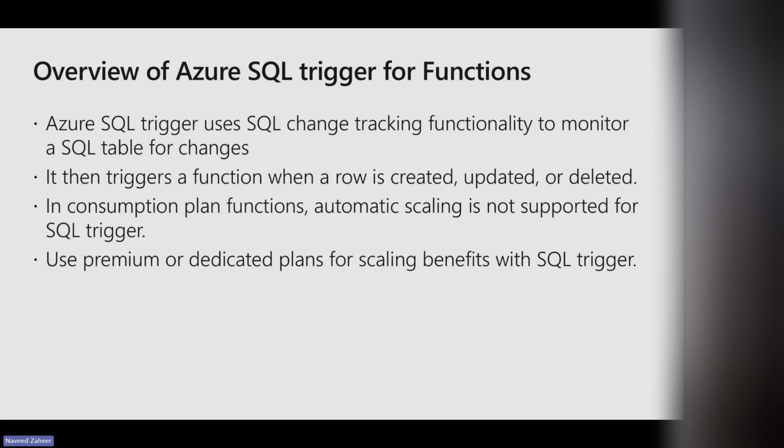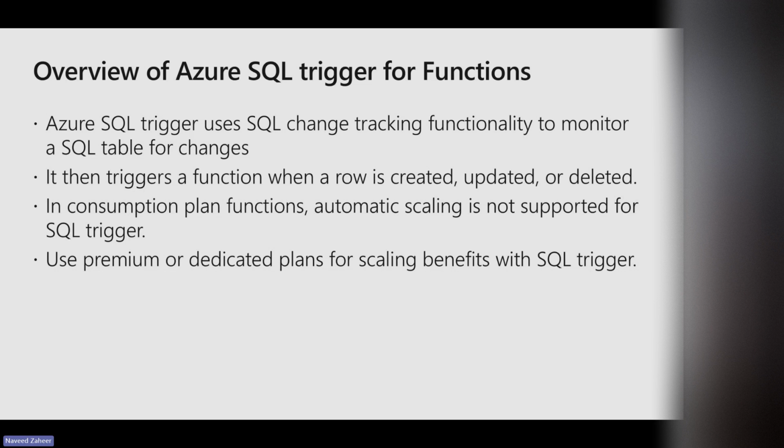Then you have the Elastic Premium plan, which is function specific. In that case, you can have pre-warm instances and VNet integration, but keep in mind you will be paying for the pre-warm instances while your function is running. So you don't pay for consumption, you pay for the instances.